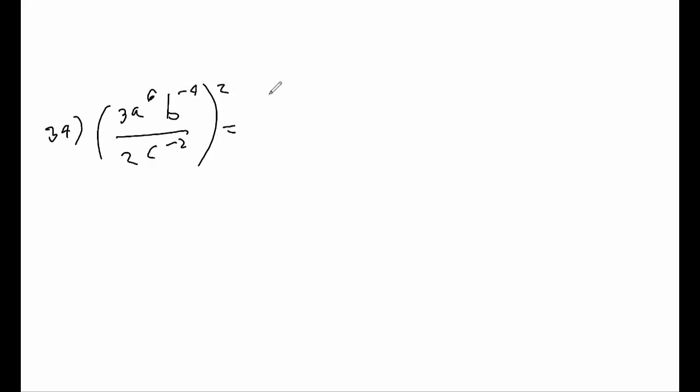So now let me do that. So I'll get 3a to the 6th, which I do not touch. I'll bring my c to the negative 2 upstairs and make that c to the positive 2 power. I'll leave my 2 alone here, but I will bring my b downstairs and make that to the positive 4 power, and then I will square it.